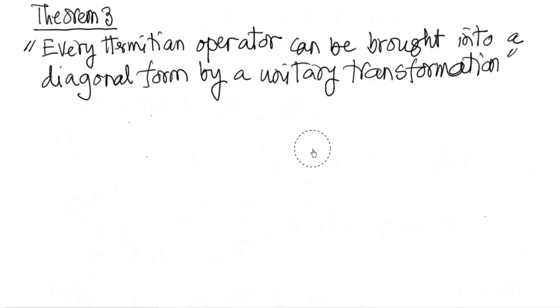We shall prove this now. Every Hermitian operator can be brought into a diagonal form by a unitary transformation.